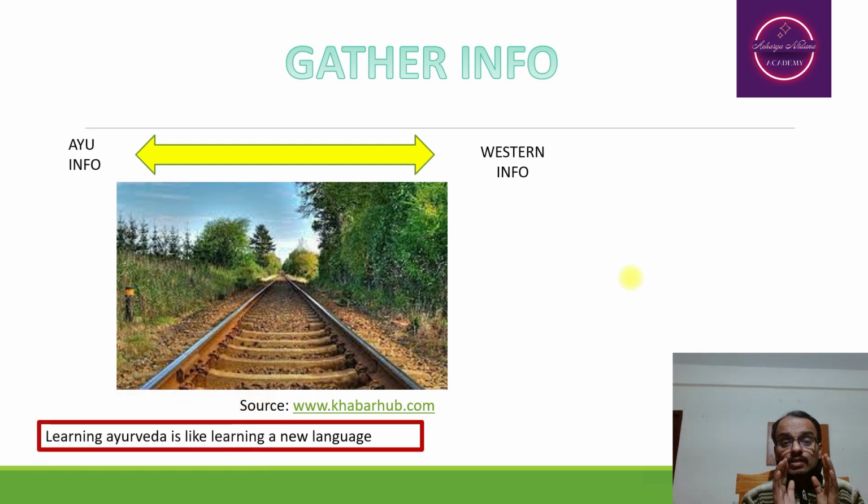And when you want Western information, it should be learned as a whole. Then, if you try to link that information at multiple levels, and you are able to connect it at multiple levels, it is indicative that you are moving in the right direction. Hence, you have to practice in that particular way only, just like a railway track.